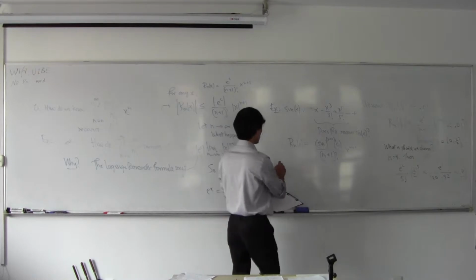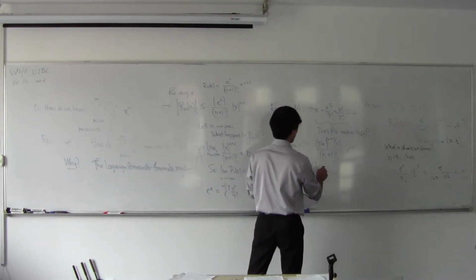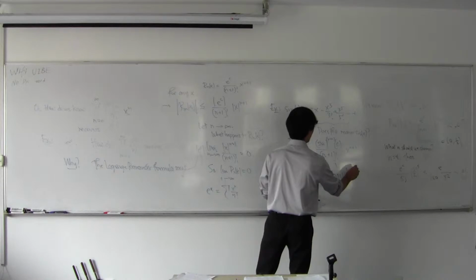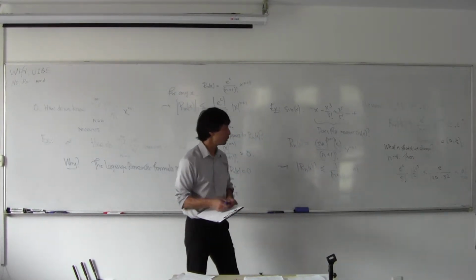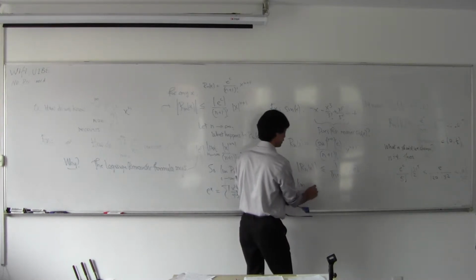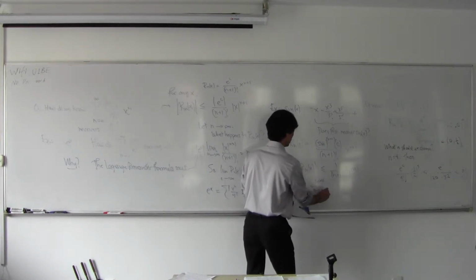But that tells us that the absolute value of that is smaller than 1 over n plus 1 factorial times the absolute value of x to the n plus 1. Same as before, when you take the limit as n goes to infinity of x to the n plus 1 over n plus 1 factorial, you get 0.